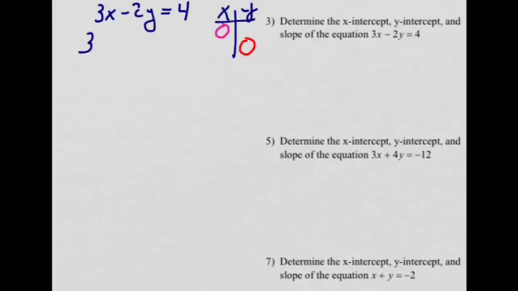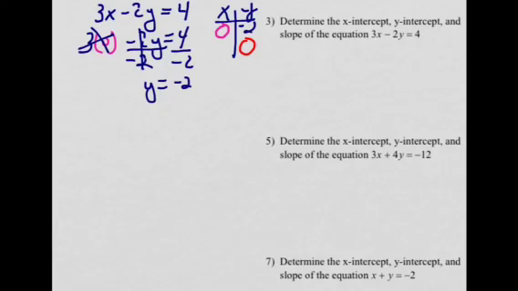We're going to have 3 times 0 minus 2y equals 4. Well, 3 times 0 is 0, so that cancels. We're going to divide by negative 2, because that's what's left, and y is equal to negative 2. Then to find the x-intercept, we're going to let y equal 0 and find x.